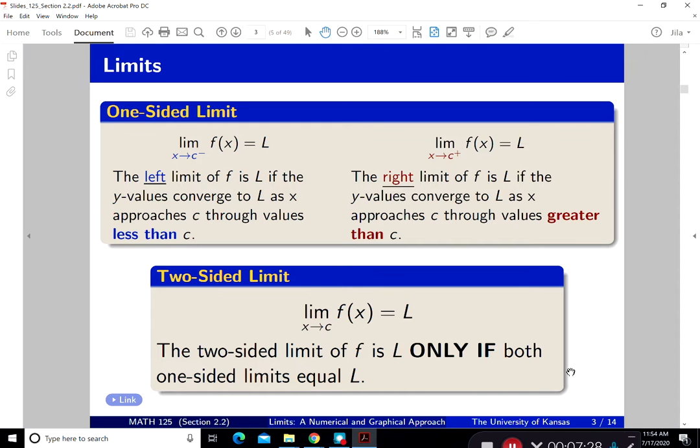What's the two-sided limit? The two-sided limit as x approaches c of f of x equals L means that the two-sided limit of f is L only if both one-sided limits equal L.